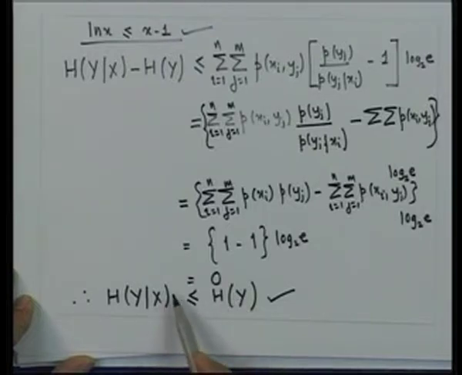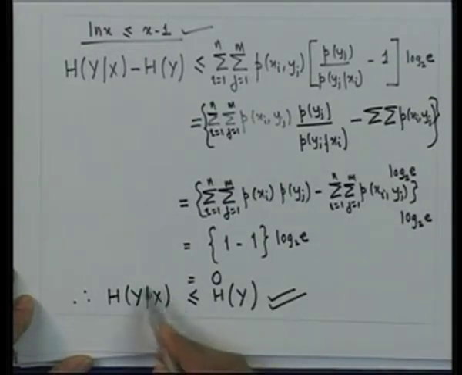Correct? So, when I have the foreknowledge about the event x, the uncertainty about the event y will always be less than the uncertainty of the event y when I do not observe event x.